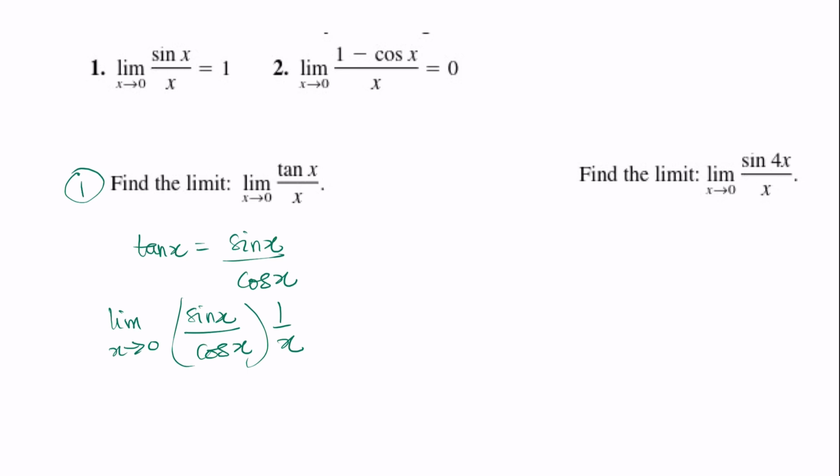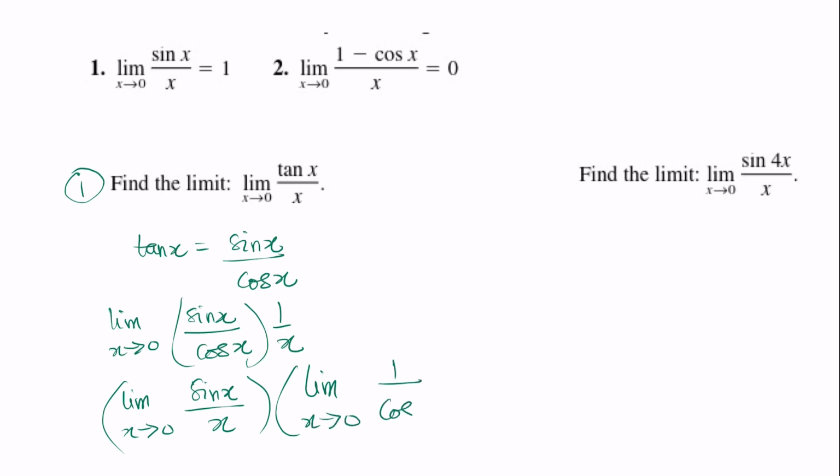And I can separate these as the limit as x approaches 0 of sine x over x times the limit as x approaches 0 of 1 over cosine x. And now it becomes simple to solve. I can easily solve this using the limit that we have just considered.